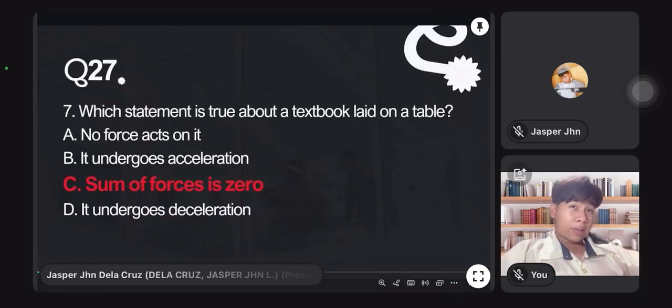Letter A, no force acts on it. That's not true because forces are present. Then it undergoes acceleration. No acceleration occurs because it's not moving. And it undergoes deceleration. Same, it is not true. There's no acceleration or deceleration.